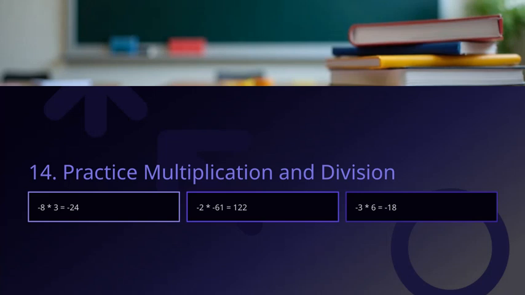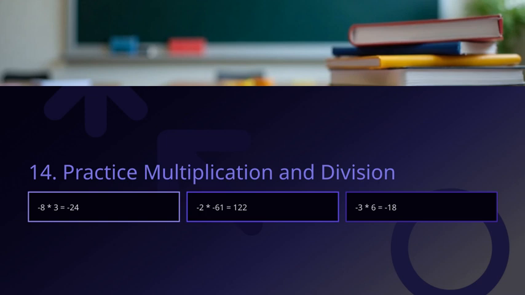Let's take a moment to practice multiplying and dividing with different types of numbers. First, look at -8 times 3. When we multiply a negative by a positive, the result is negative. So -8 times 3 gives us -24. Next, we have -2 multiplied by a negative number. Multiplying two negatives actually gives us a positive. Finally, a negative times 6 is a negative times a positive, which results in -18.